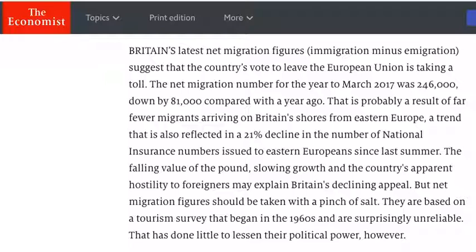This has done little to lessen their political power, however. The second half of this paragraph is the writer trying to explain, to comment on the numbers. What I want you to do is just to study the part that actually describes the numbers.